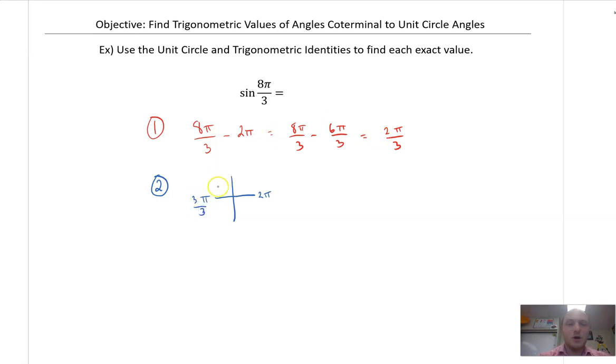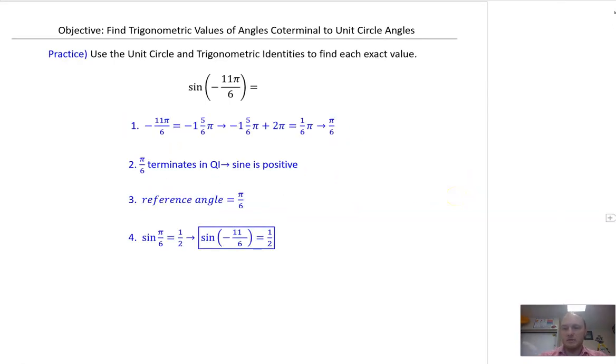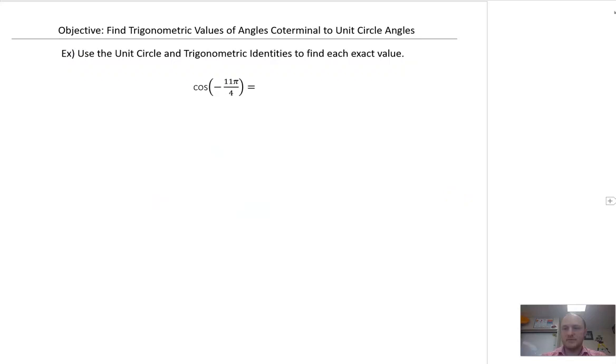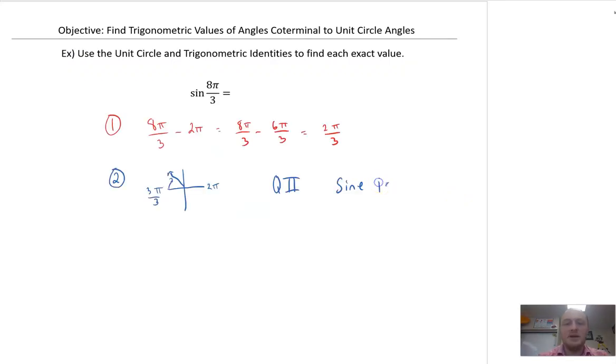Notice how that's one pi third backwards, right? This terminates in quadrant 2. So this is quadrant 2. And what we need to know here is that my y values, sine, are positive.